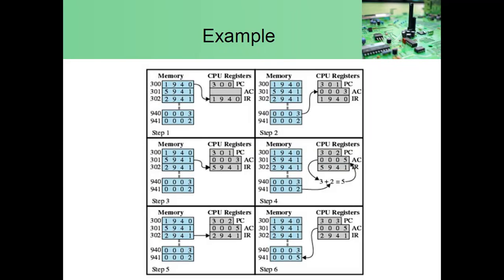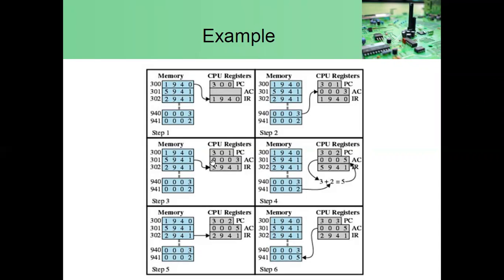In the second diagram, you can see that the PC is incremented, becoming 301. Then you get the next instruction into the IR, 5941, and some kind of result is generated as 0003.